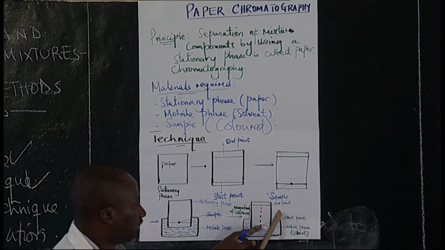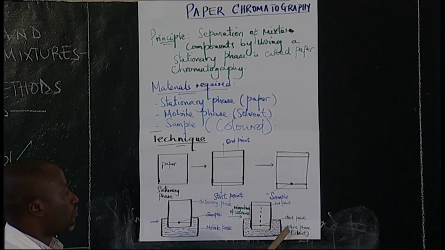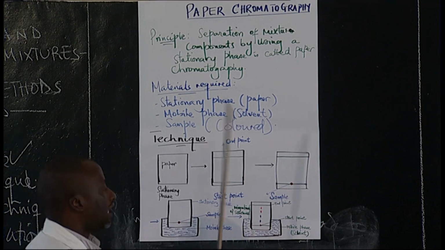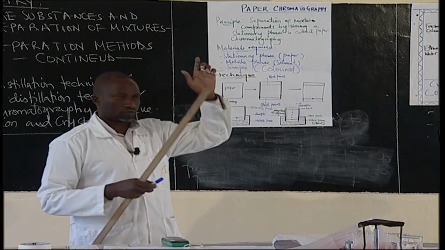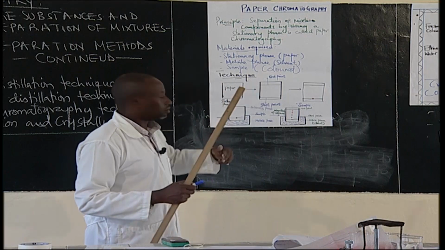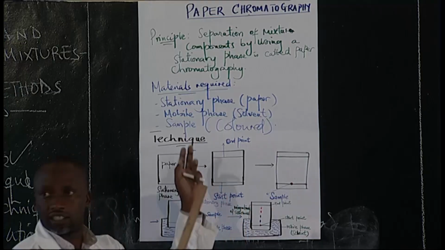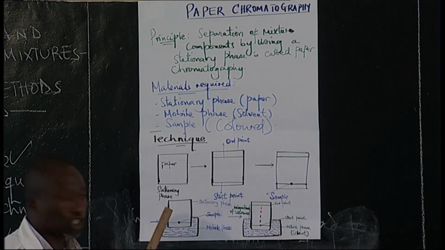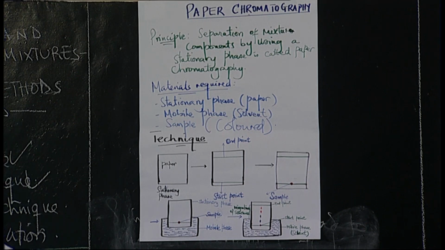The materials within the mixture at the start point will start moving up. We call it a vertical method. So they start migrating up. This migration will depend on the solubility of the solutes within that material. So this one uses solubility.